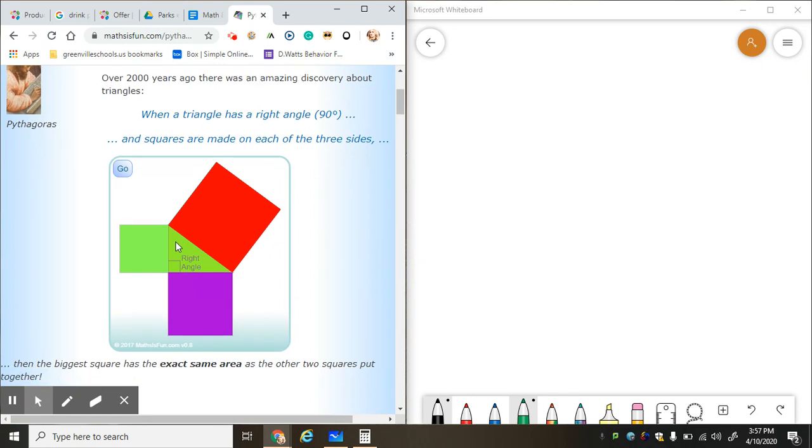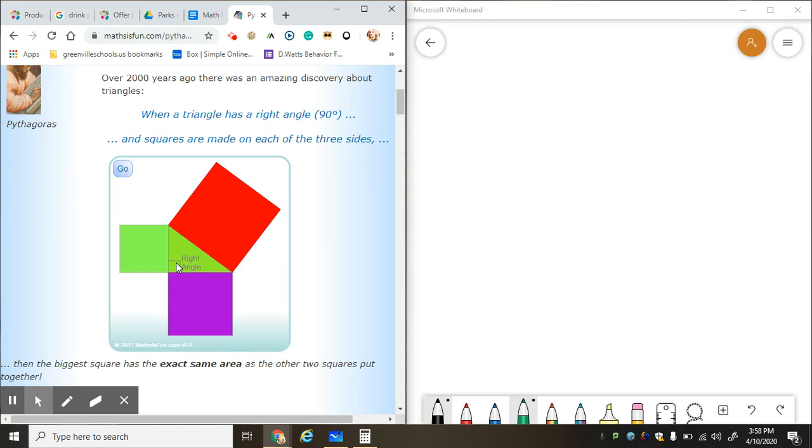So what happens is this big square that you can create from that side right here is actually equal to these two little squares, which are called the legs. So this is called a hypotenuse right here. It's the longest length of the right triangle.